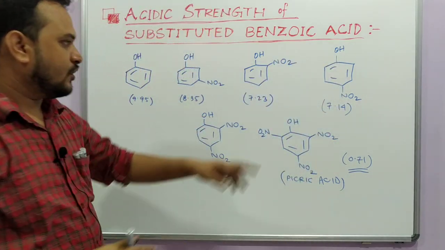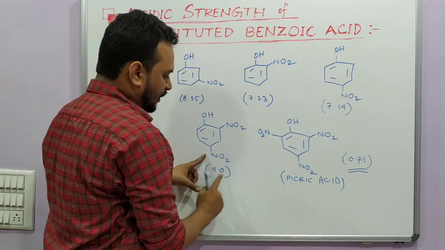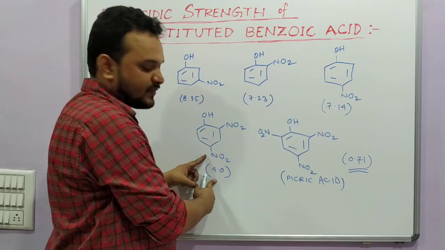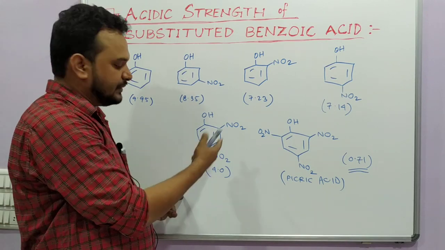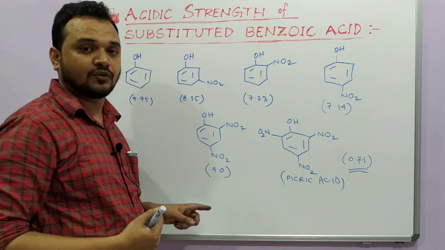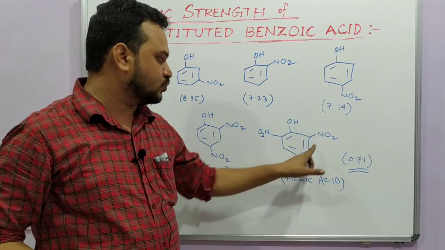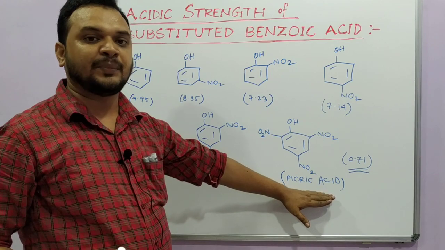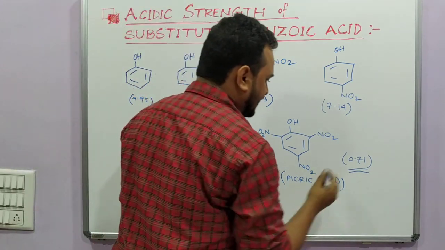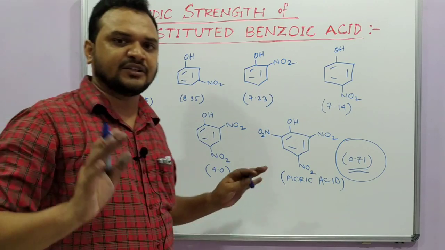Now see, when I introduce one extra nitro group, from 7.14 to 4.0, it is even a stronger acid than benzoic acid or acetic acid. Benzoic acid 4.19, acetic acid 4.76. And when I introduced one more NO2, that is 2,4,6-trinitrophenol, which is commonly known as picric acid, see what is the pK value, 0.71, below 1. Very strong acid.